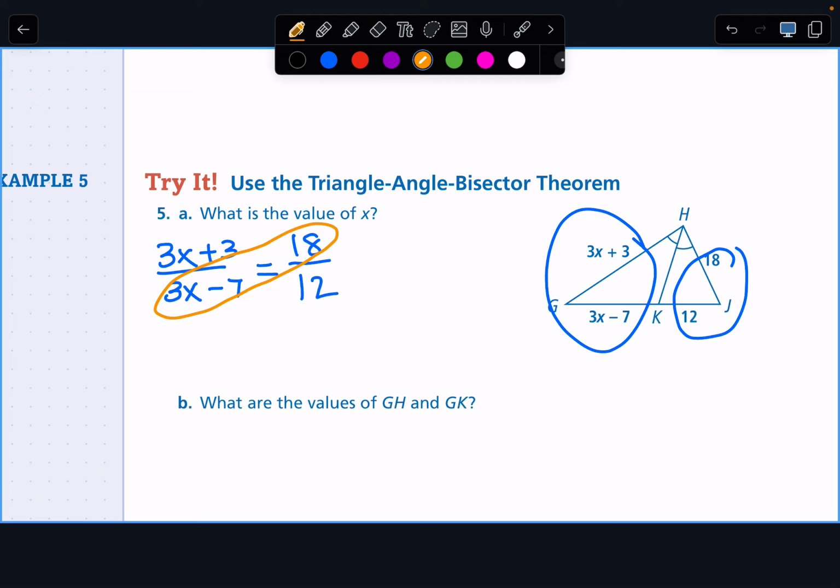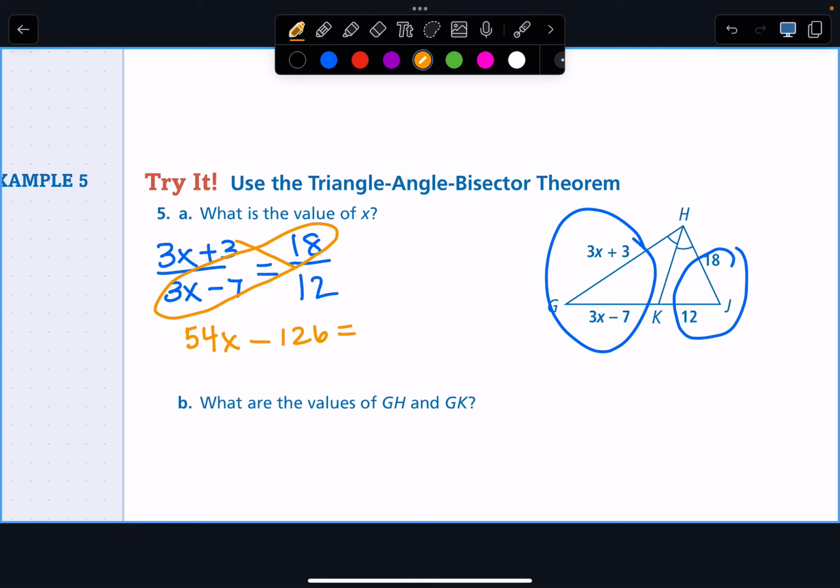What's 18 times 3x? 54. So 54x minus what's 7 times 18? 126.